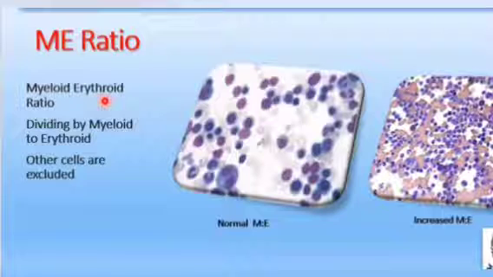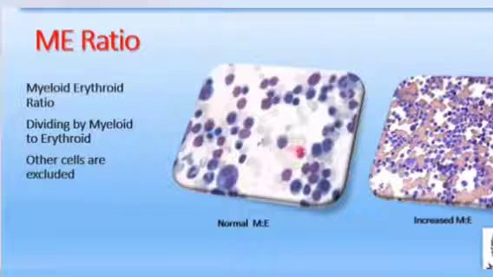How do we calculate this? It is done by dividing the total number of myeloid cells by the total number of erythroid cells. Note that lymphocytes, plasma cells, and other non-myeloid and non-erythroid cells are not counted in this ME ratio. They are excluded.